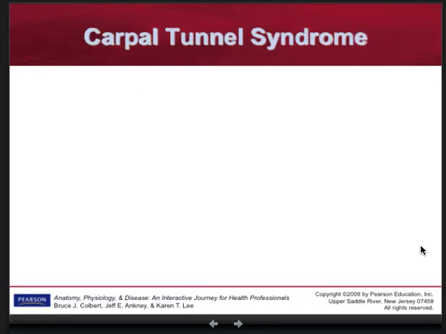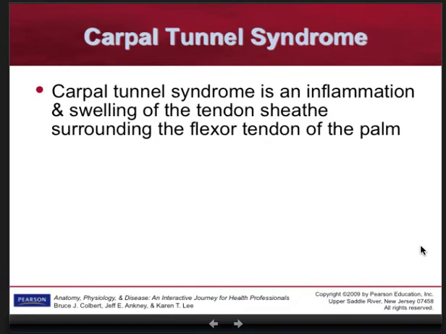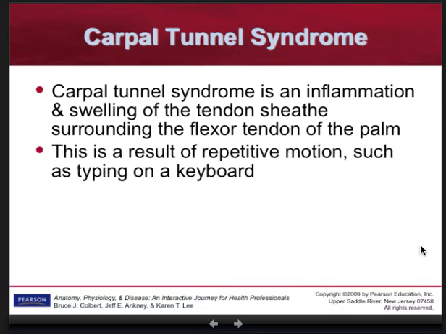Other neurological conditions we want to touch on: carpal tunnel, something you've probably all heard of. It's an inflammation and swelling of the tendon sheath surrounding the flexor tendon of the palm. This is the flexor retinaculum. You would find it just proximal to the carpals, and what essentially happens is through repetitive movement you cause an inflammation of tissue that presses on the nerve.